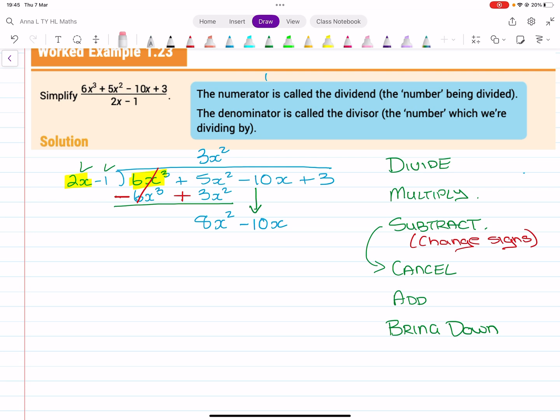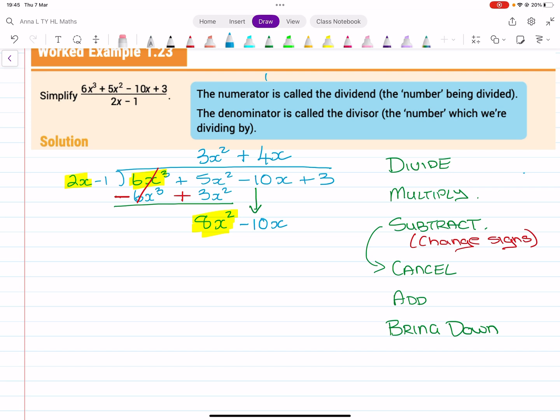Again, we start in the same way. So we divide the 2x on the outside by the first thing on the inside, which is now 8x squared. So what's 8x squared divided by 2x? 4. So it is a plus 4x.